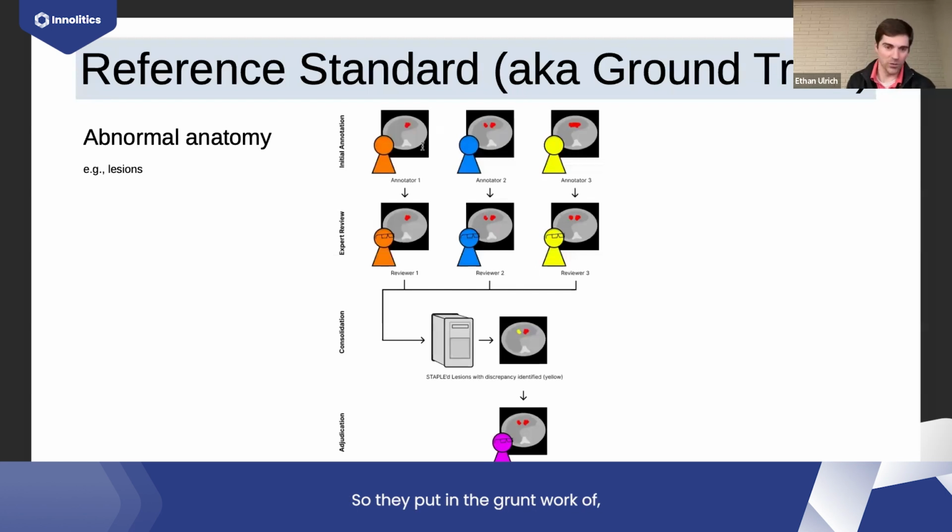So they put in the grunt work of the 2 hours of annotation for each case at a cheaper cost, and then hand it off to the reviewer, who maybe spends 15-30 minutes just reviewing the case. So it's a cost savings to sometimes do it this way. That's another reason for that. Yeah, wanting to balance having a really strong ground truth versus not having to pay so much for achieving that ground truth. Saman, did you have a question?